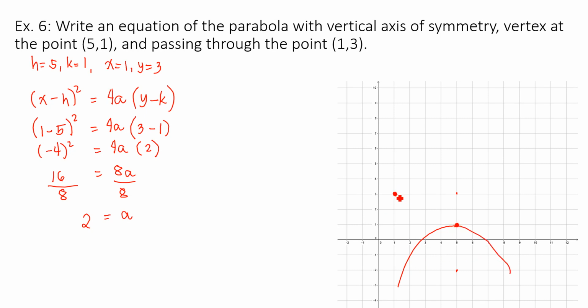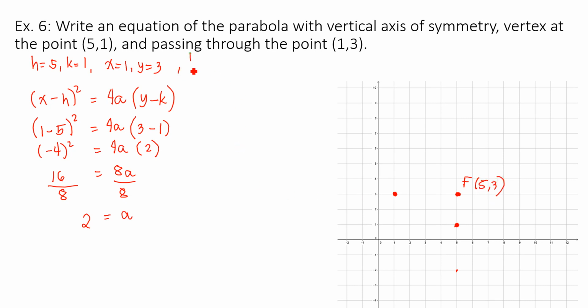So it's open upward. So our focus must be this one. Our focus would be 5, 3.